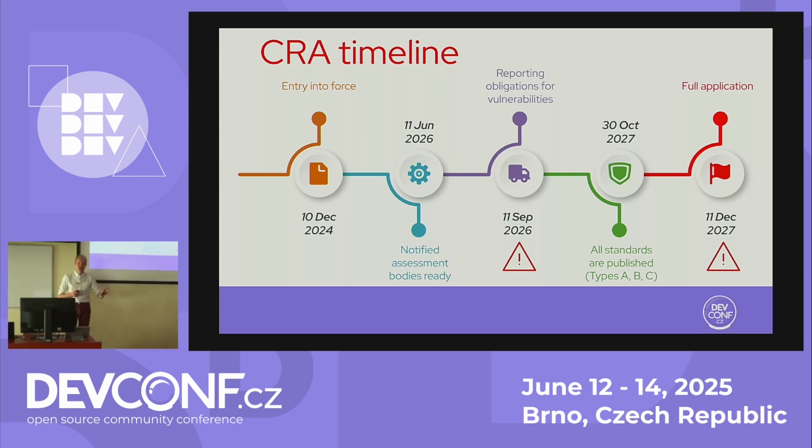I will put your attention on the 2 major milestones here. Reporting obligations of vulnerabilities will come into force in September 2026, and it will be fully applicable in its entirety in December 2027, followed by enforcement, right?